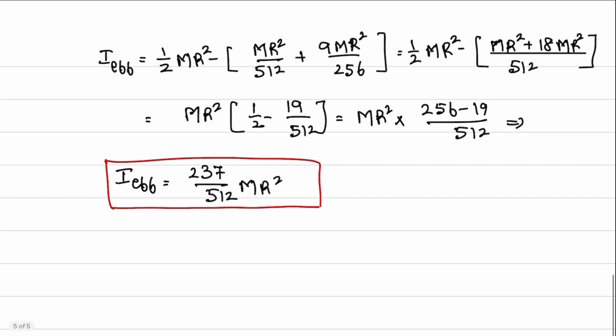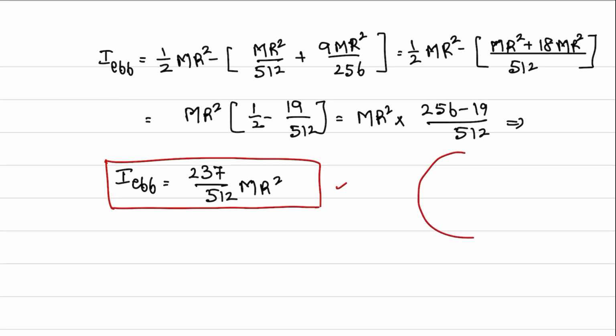Here you please remember one thing: you should not take the moment of inertia of each body and directly subtract. You have to apply the parallel axis theorem, then only you will get the effective moment of inertia of the body.